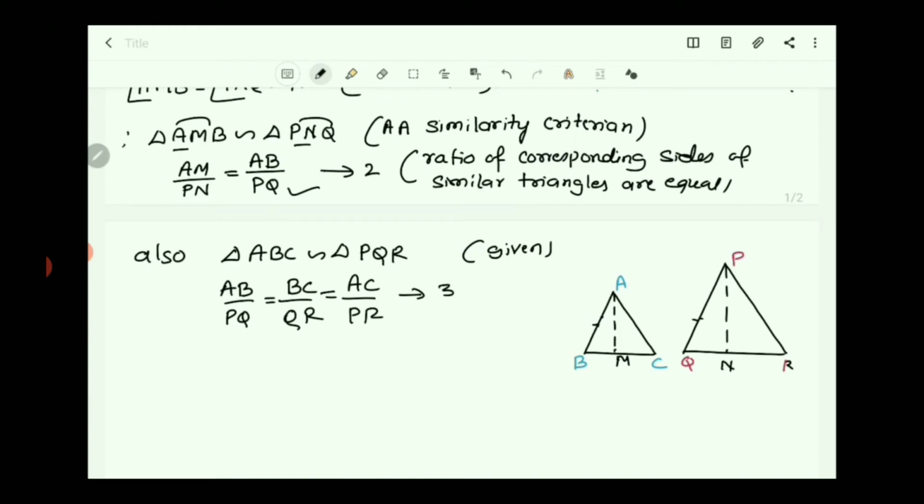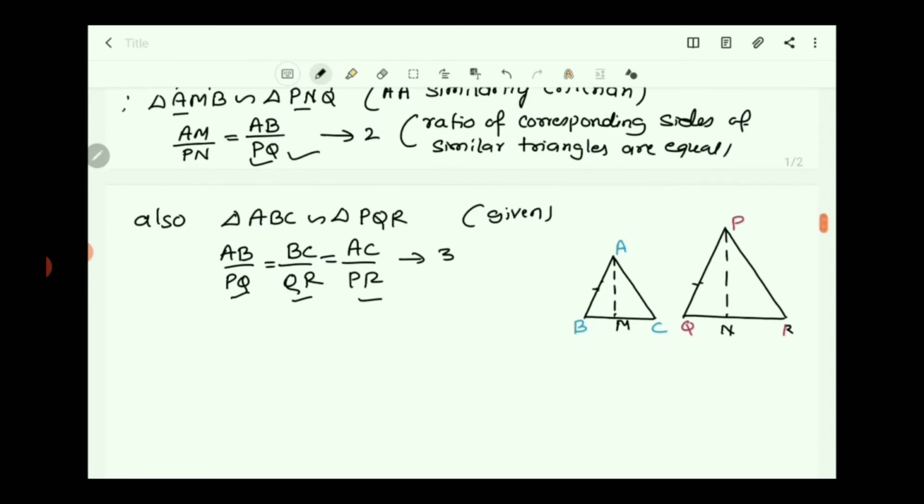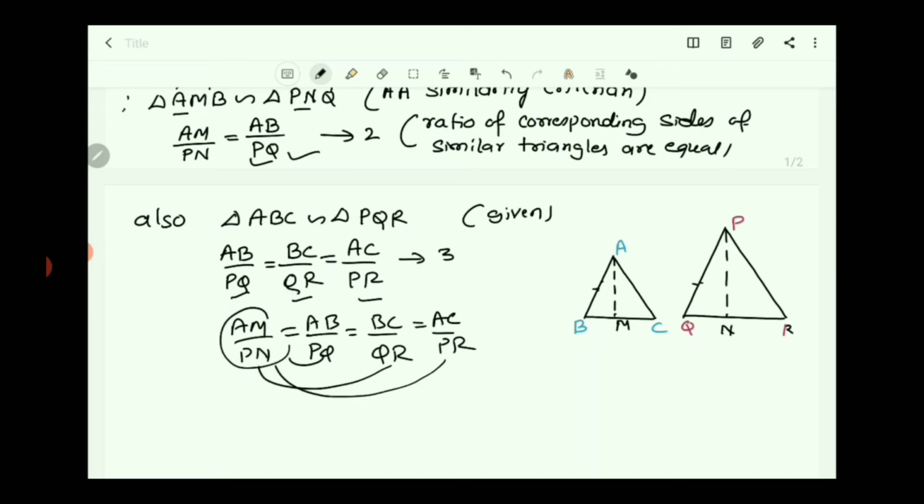Now here AB by PQ is equal to BC by QR is equal to AC by PR, and also it must be equal to AM by PN. Here this is equal to this, this must be equal to this, also equal to AC by PR.